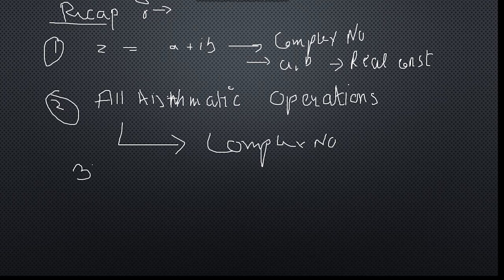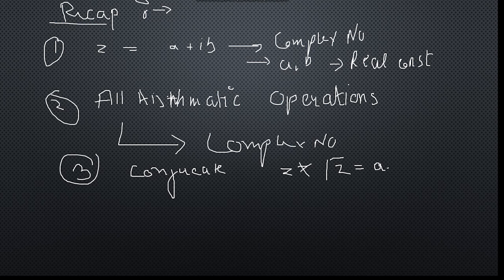Third thing, conjugate. We get Z star or Z bar. What we do is we change the sign of the imaginary part. Here we take Z equal to A plus iota B, so the conjugate will become A minus iota B.